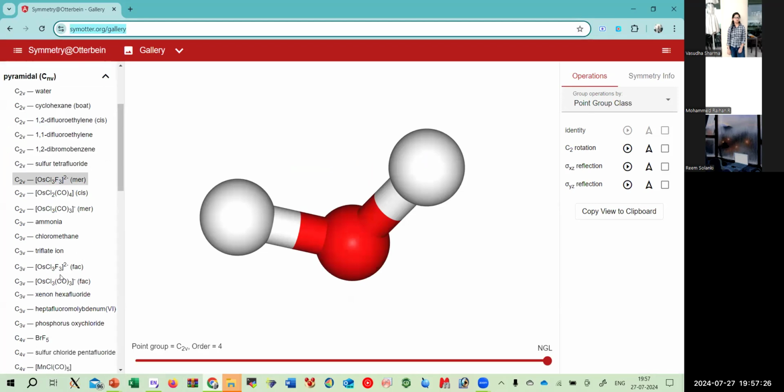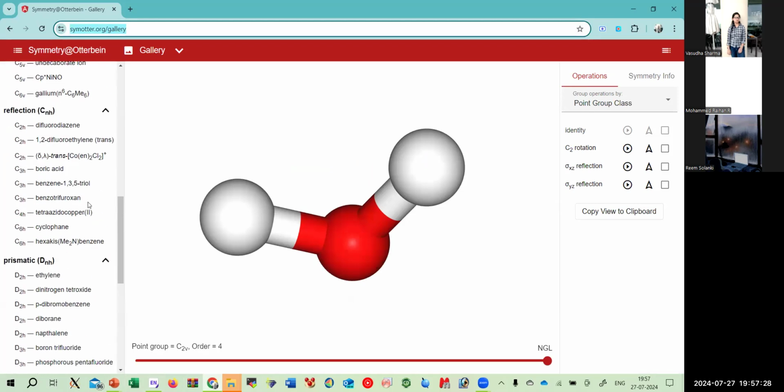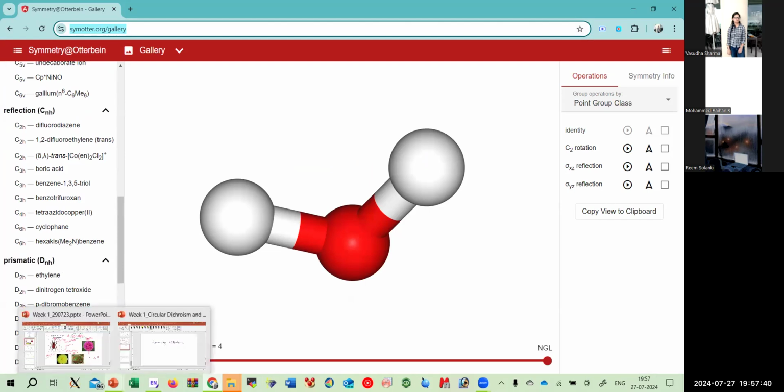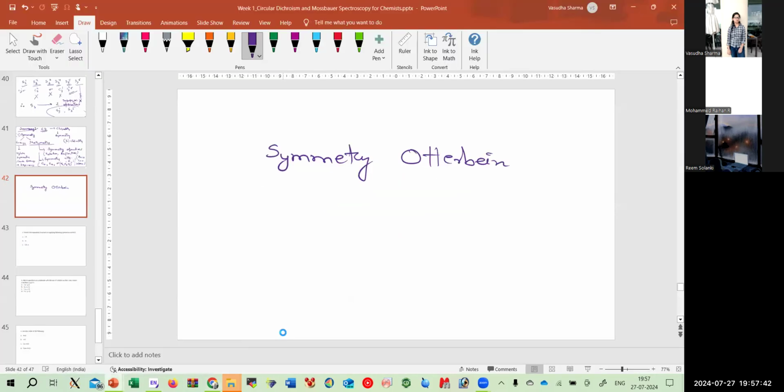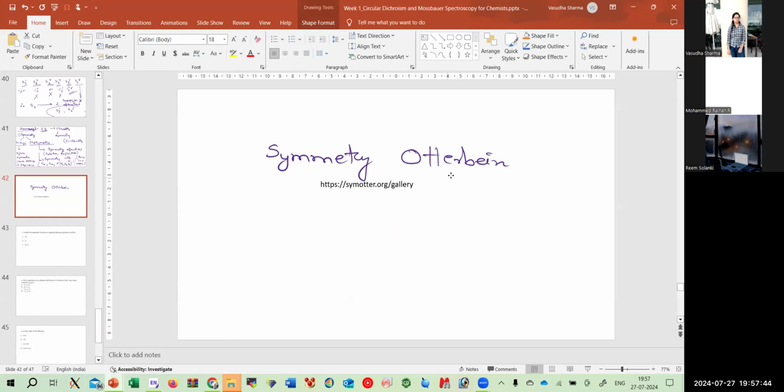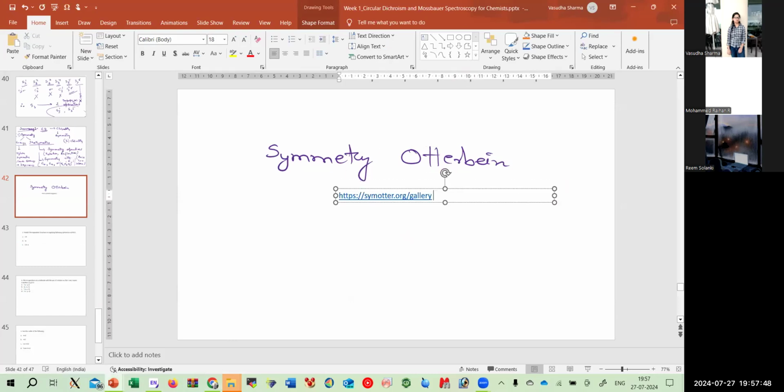There are a lot of examples, different molecules and different point groups, that would help you imagine more, which we can't imagine easily. You can imagine easily by looking at how it is moving, how the plane is doing its job, and so on. I've copied the link here itself, so you can just click over here and you will be directed to that site.